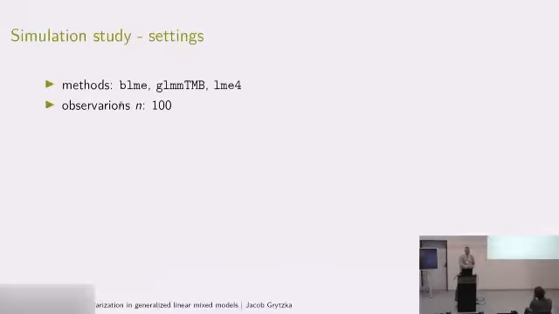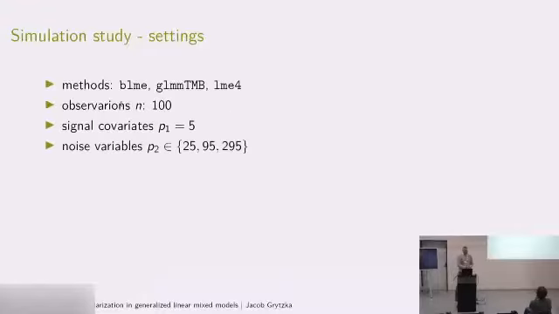We always have 100 observations, always 5 signal variables, and we vary between 25, 95, and 295 noise variables. So we have n larger than p, n equal to p, and p larger than n.